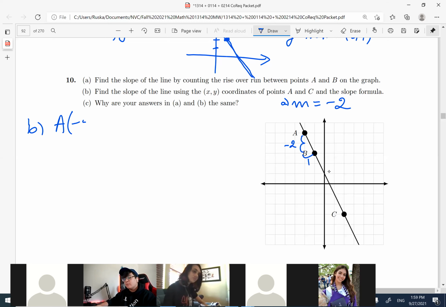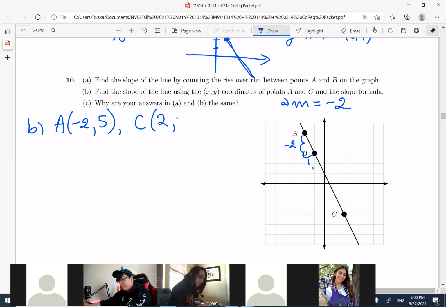And what is the y? 5. So -2 and 5, that's right. And what are the coordinates for point C? C is over here. +2 and -3. Good job. So these are point A and point C.